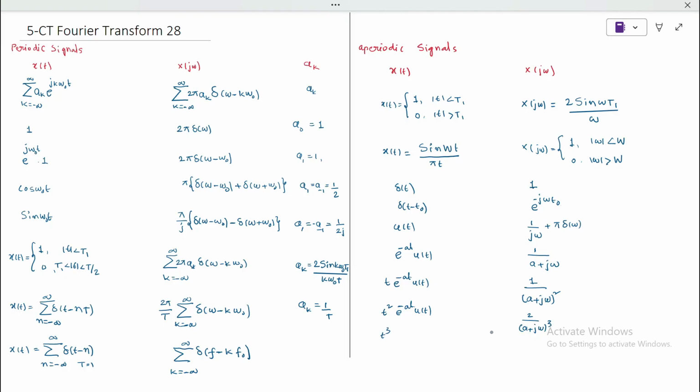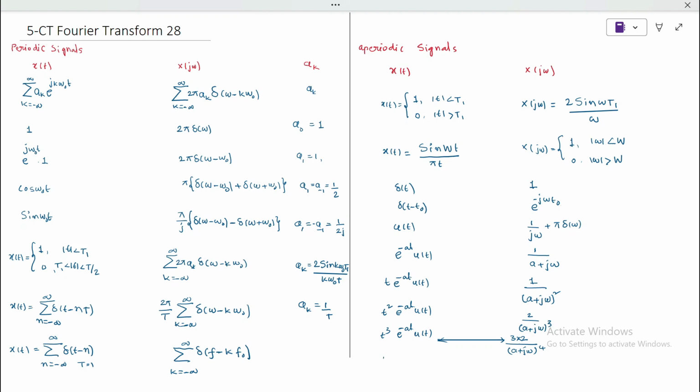For t power 3, again we get 3 into 2 over a plus j omega to the power of 4.